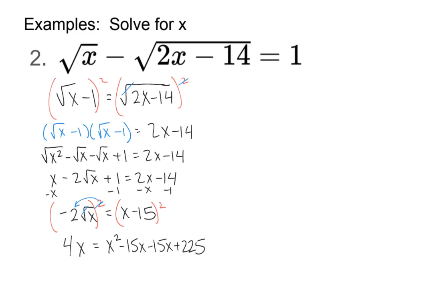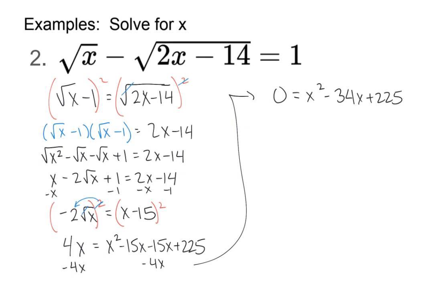This is an x squared problem, so this is set it equal to 0, factor, and so on. So I'm going to minus the 4x. We're going to have to come over here. I'm running out of room. That's going to give me 0 equals x squared minus 34x plus 225. Then it's time to factor.